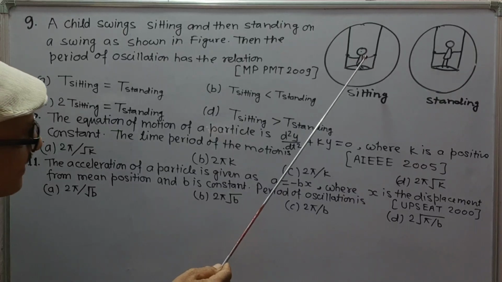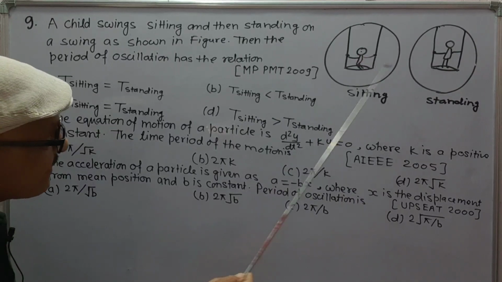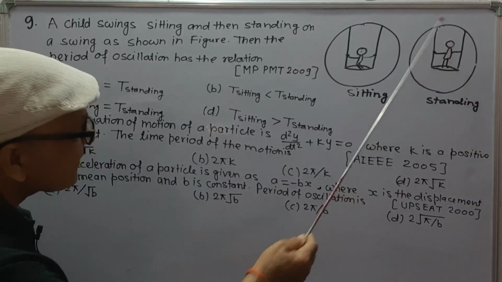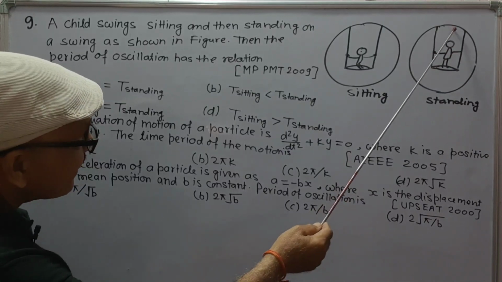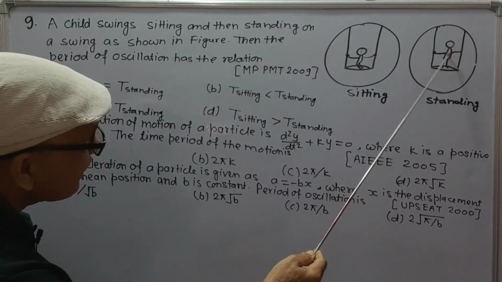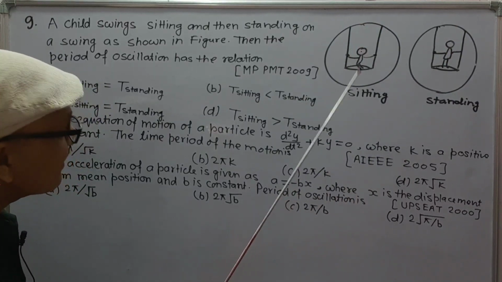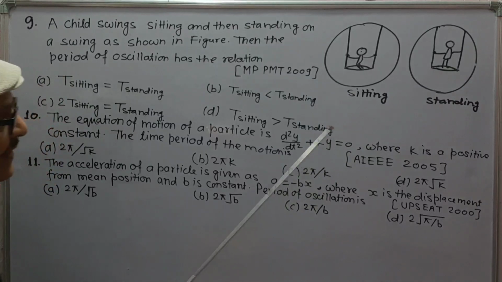When the child is sitting, the center of gravity is lower than that when the child is standing. So in the standing case, effective length will be less than that in the sitting case.